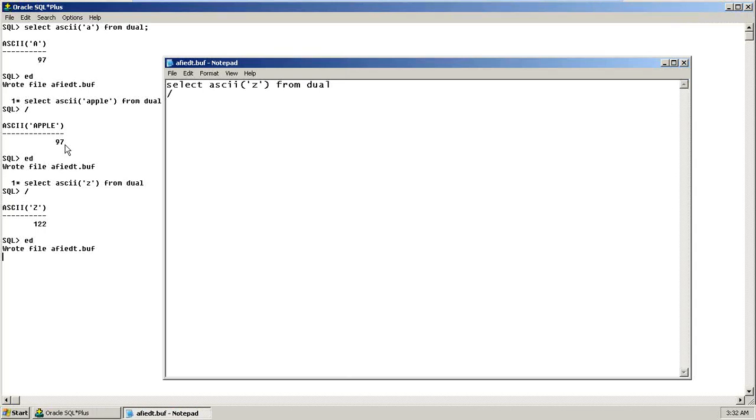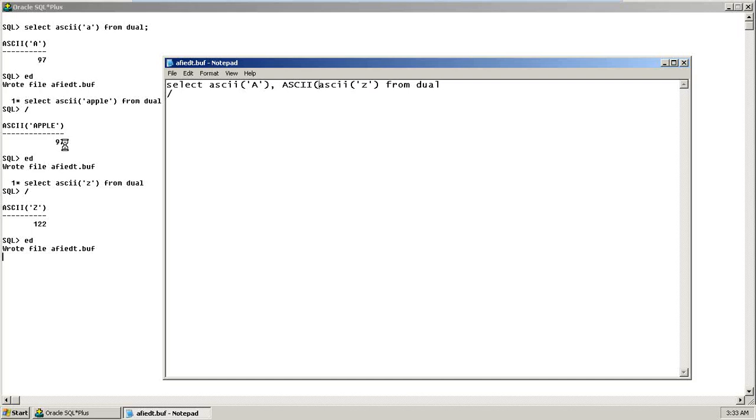For the capital A, see, ASCII of capital A, comma, ASCII of capital Z, comma, ASCII of small a, comma, ASCII of small z, comma, ASCII of 0, ASCII of 9.